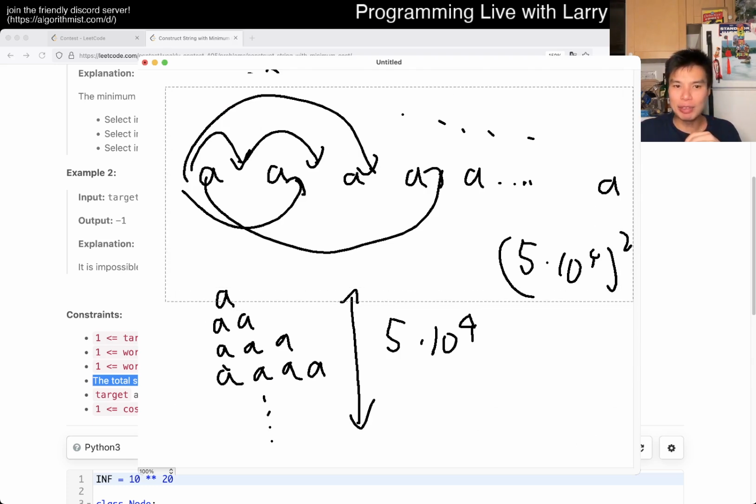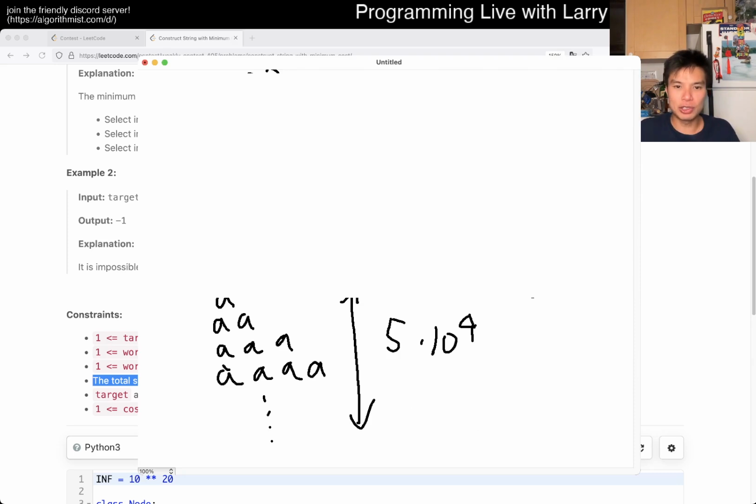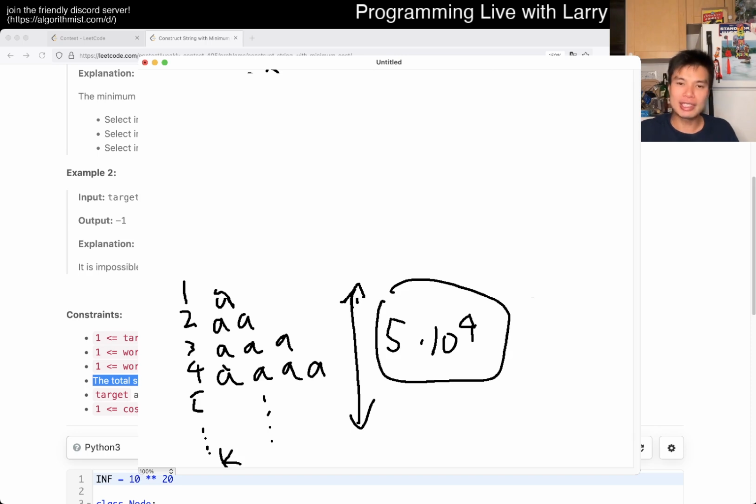So now let's look back here. With this, what is the total sum of length? It turns out the total sum of length of this is going to be 1, 2, 3, 4, 5, dot, dot, dot, right? But what is this dot, dot, dot to? What is this K such that this is whatever, right? So it turns out this is 50,000.